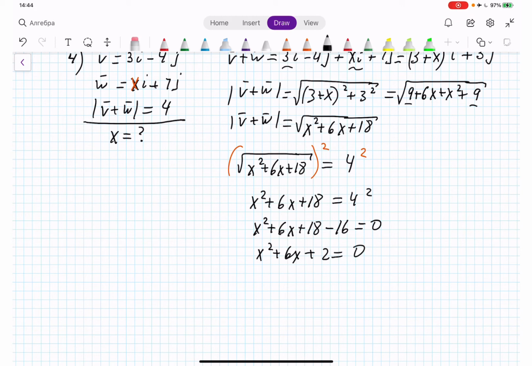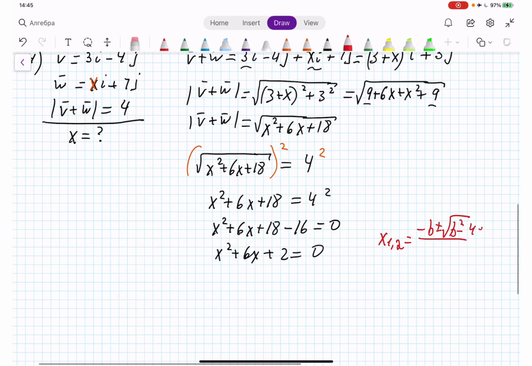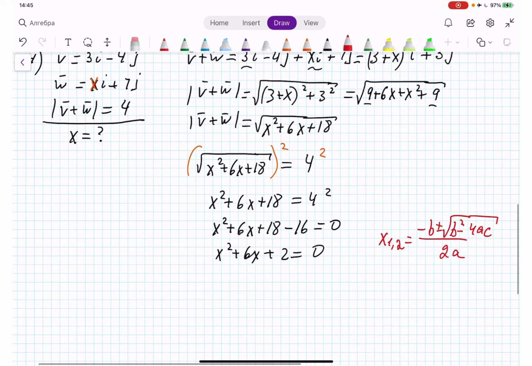Okay, I can't FOIL it, so I'm going to go through the discriminant. So remember, x1,2 is equal negative b plus minus square root of b squared minus 4ac, divided by 2a.